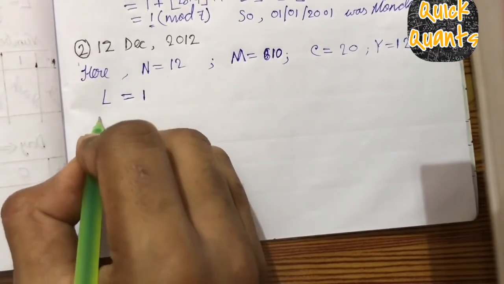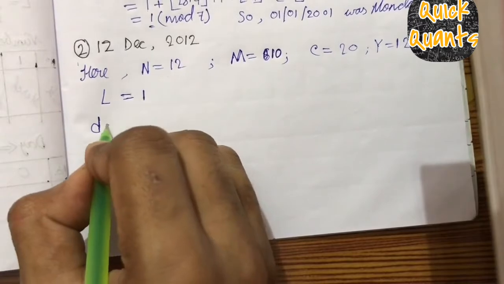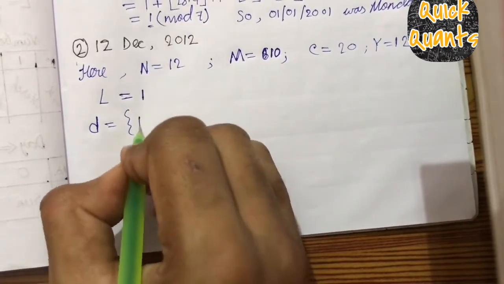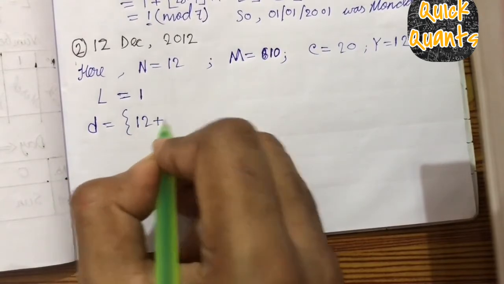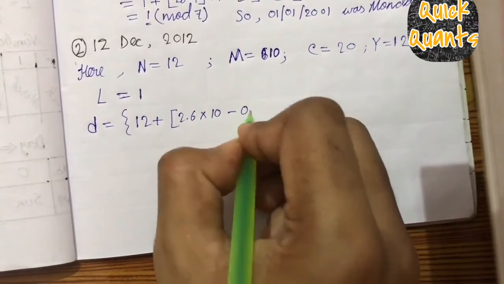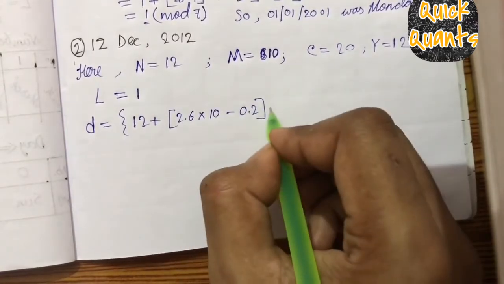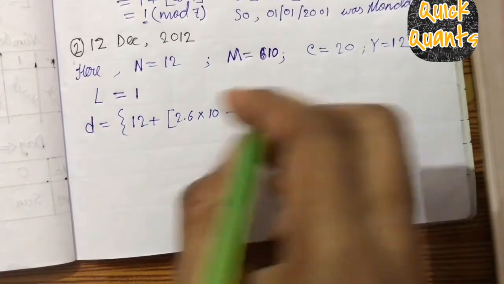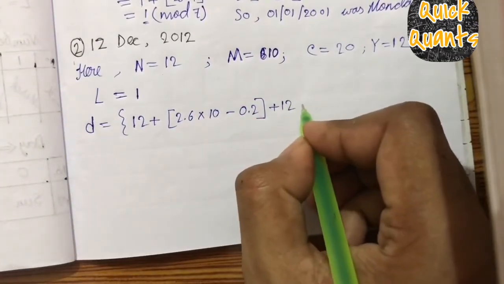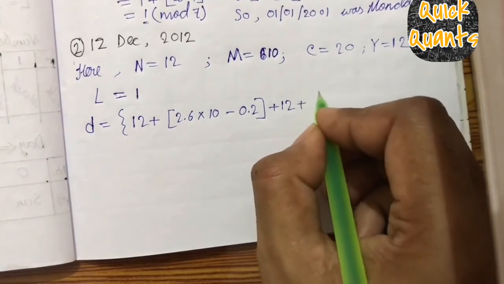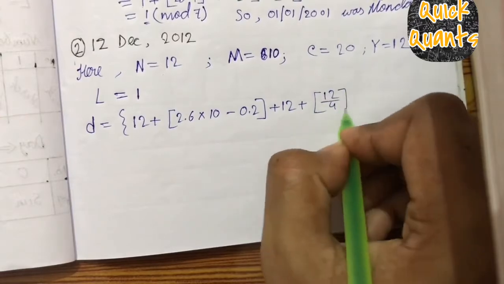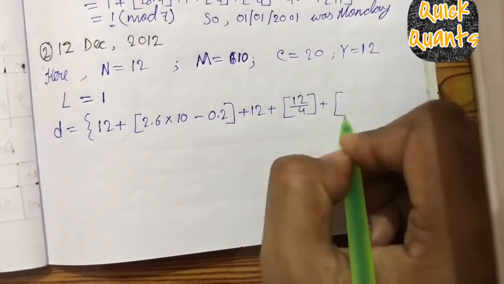Here D is equal to N. What is N? N is 12 plus floor of (2.6 multiplied by 10 minus 0.2) plus Y. Y is here 12 plus floor of Y by 4. Here Y is 12 by 4 plus floor of C by 4.